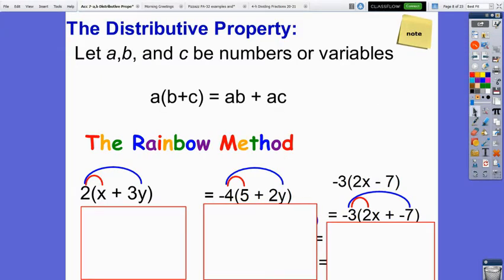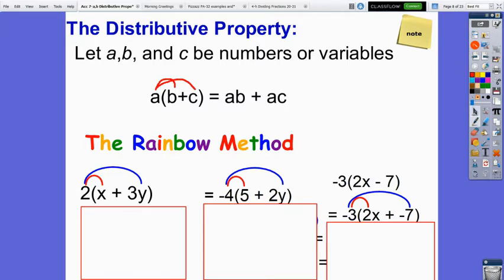All right, so I affectionately call the distributive property the rainbow method, because a way to think about it is to draw these rainbow arcs to show the different multiplications in the problem. So you have a number in the front and then a sum inside parentheses, and these can be any numbers. This is the same as distributing and doing A times B plus A times C, which we have done several examples of now.